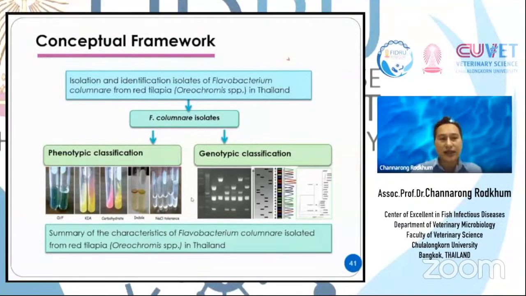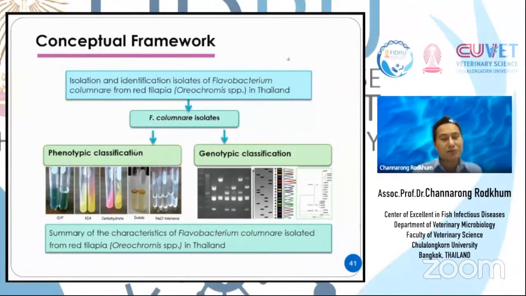Then we isolated Flavobacterium columnare from the fish and identified it. You can see that finally we confirmed by genotypic or molecular classification, but we started with phenotypic classification. I always say to my students that genotypic or molecular classification is not a magic bullet.